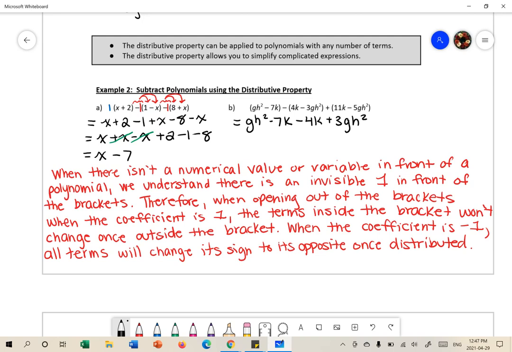And lastly, none of these signs will change. Collecting like terms. And then simplifying like terms. And that's it.